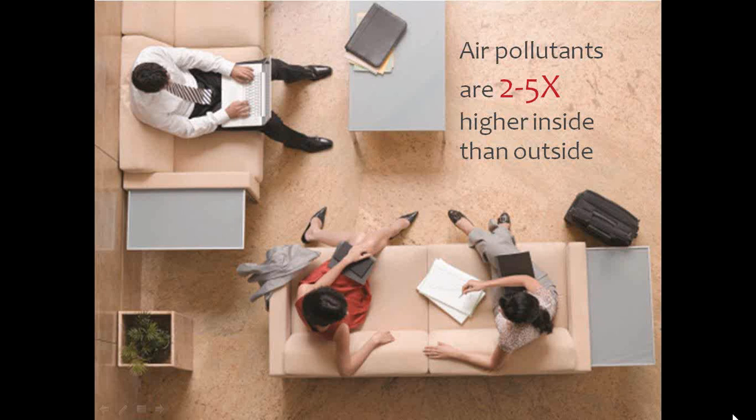And given that people spend between 85 and 90% of their time indoors, and given the fact that a lot of times these chemicals are not ventilated out properly because we've decreased the ventilation rate in the buildings because we're trying to be more energy efficient, we've created a real problem. In a newly constructed space, indoor air quality issues can be as much as 1,000 times higher than in an existing space.